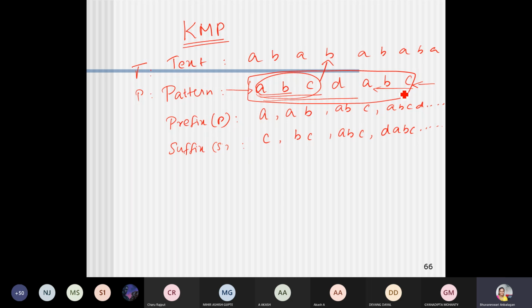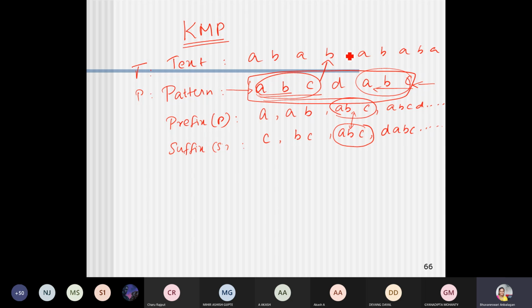See here, I have ABC here and ABC here. When deriving the prefixes and suffixes, is there a matching substring? Yes, ABC and ABC. So in the main text, it will check whether ABC is available somewhere else, so that it can straightaway place the pattern over with these three letters.